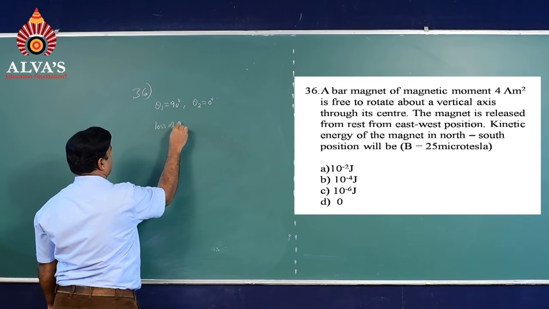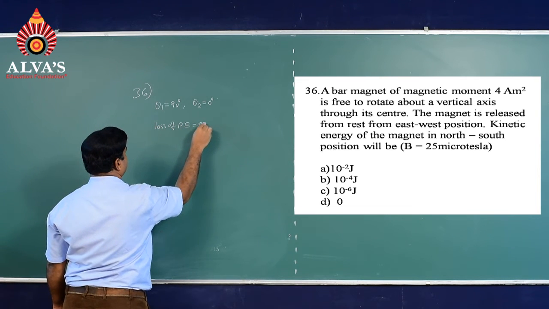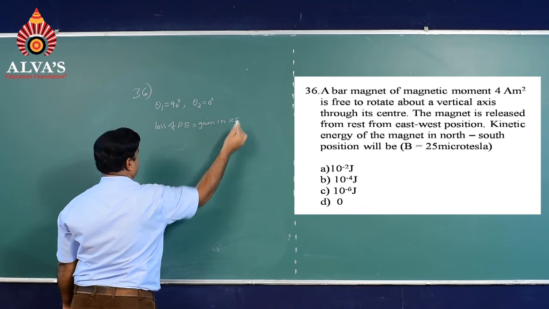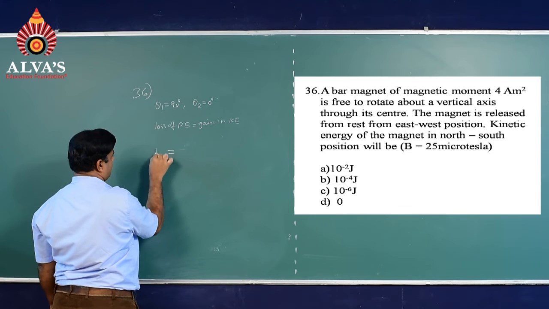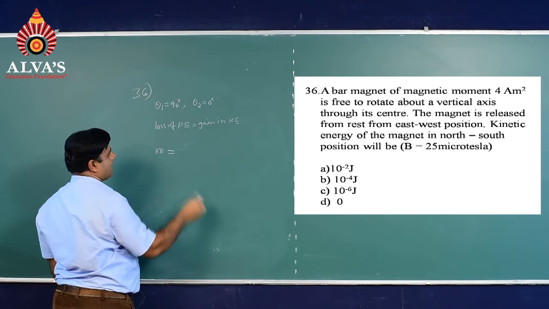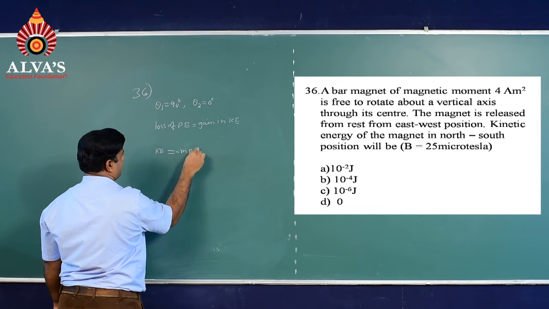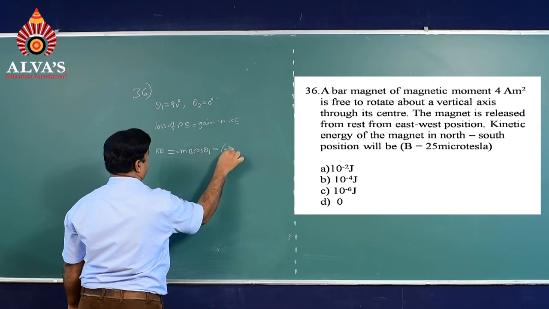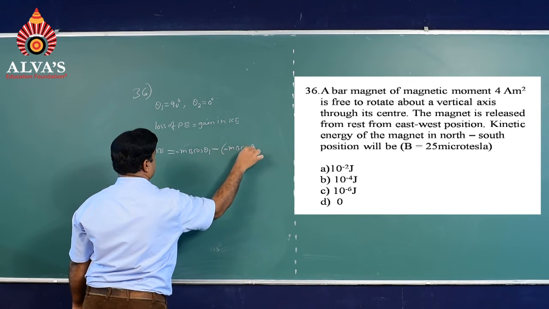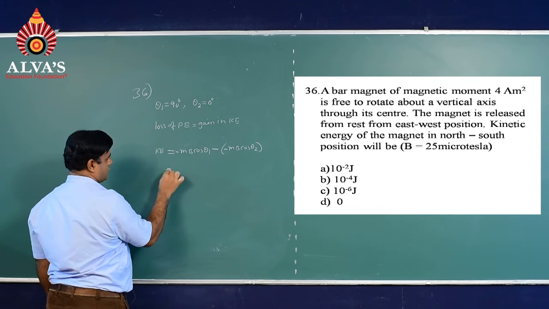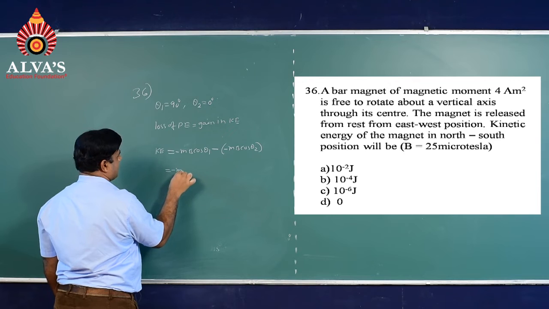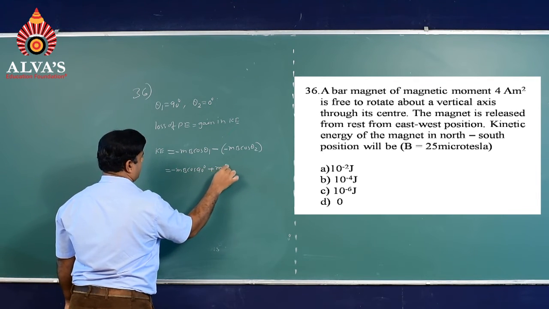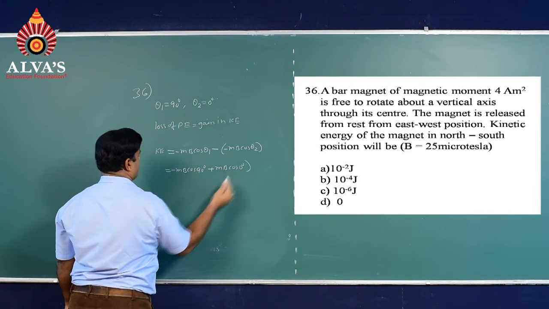Loss of potential energy is nothing but gain in kinetic energy, which is equal to minus mB cos theta 1 minus of minus mB cos theta 2, which is equal to minus mB cos 90 plus mB cos 0 degree.